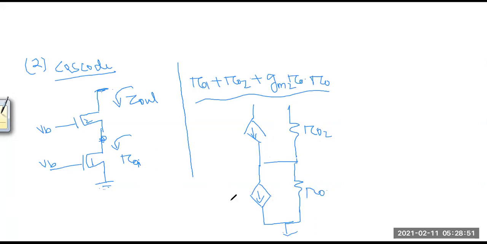So now this is your GM VN, this is also GM VGS. Okay, now see, when you calculate the output, suppose this is Vx, this is Ix. So this part, though it is ground, in small signal this will be ground.